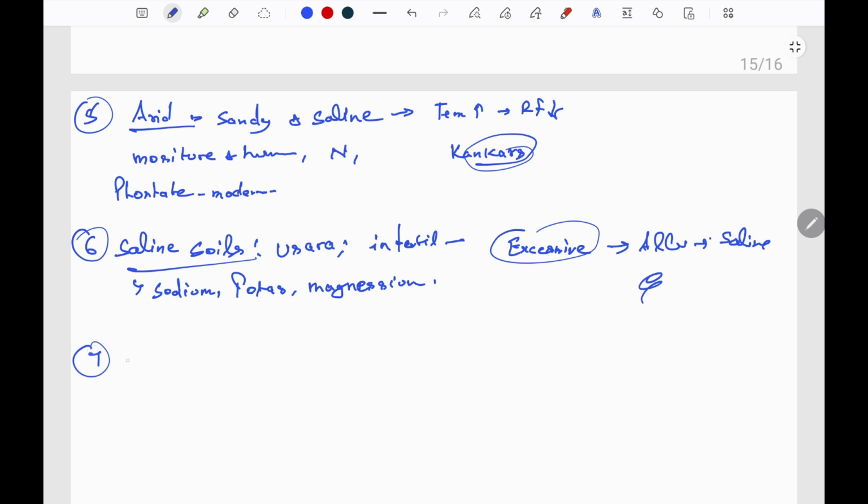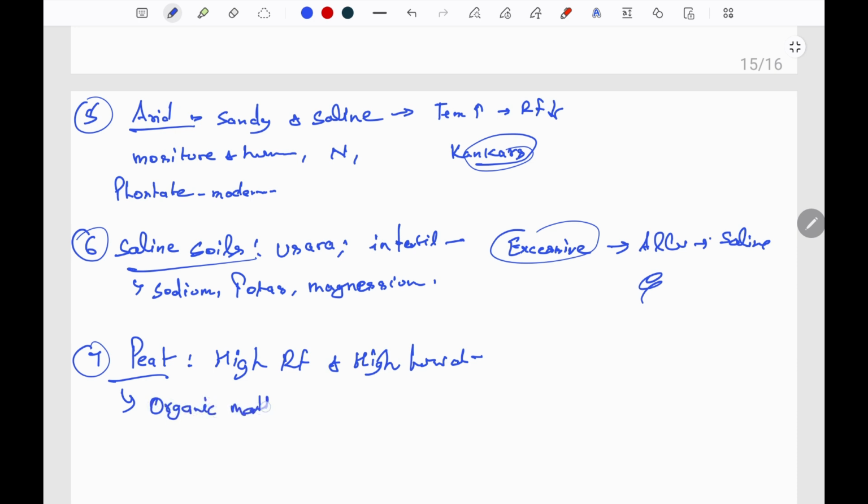Next one is peat, found in the areas of high rainfall and high humidity. It contains large amount of dead organic matter. Organic matter is high, which leads to high humus content. It can go up to the level of 40 to 50%.